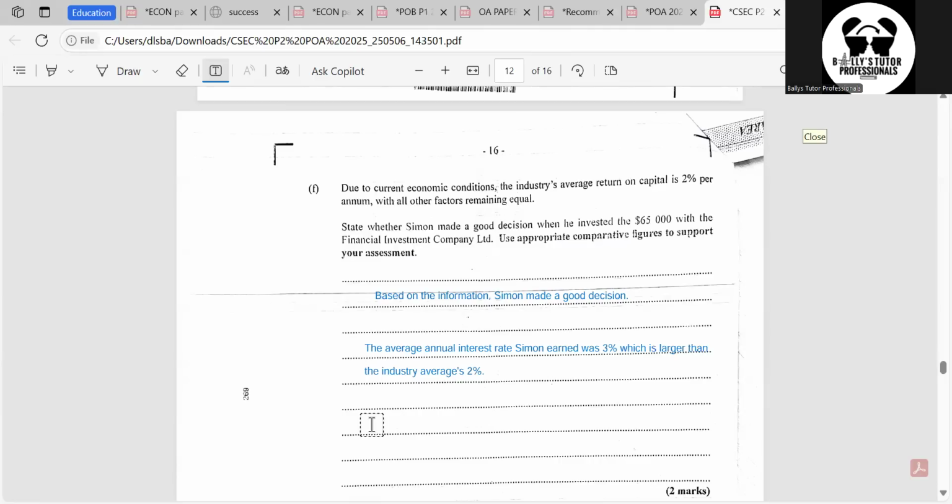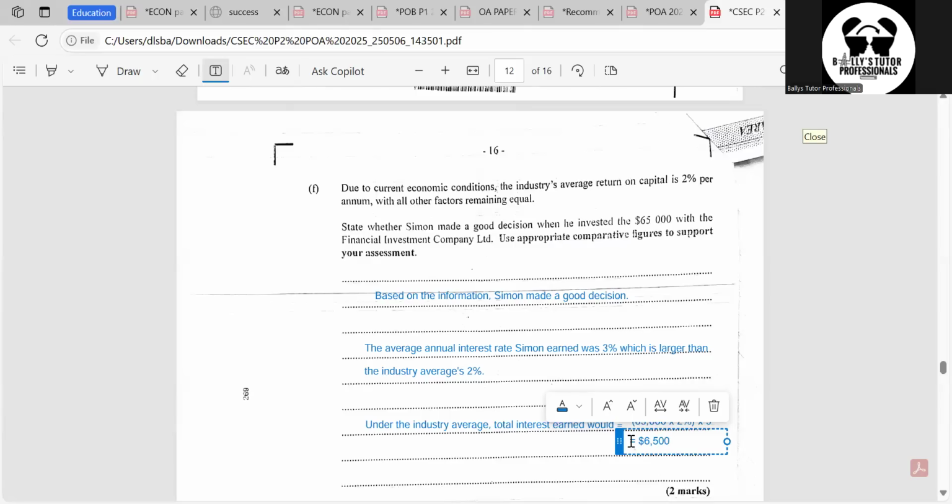But I could even go as far as to state that, under the industry average, total interest earned would equal 65,000 by 2% by 5, which would be 65,000 by 2% is 1,300 by 5, 6,500.